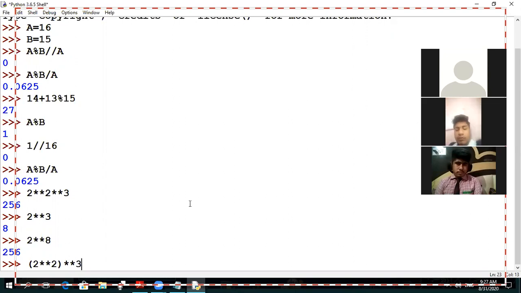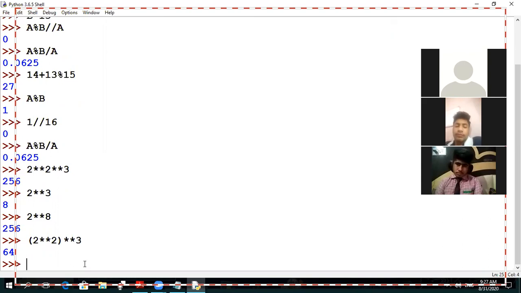So this means 2 to the power 2, that means 4, and then 4 to the power 3, then the final answer is 64. Because most of the students have given answer 64, 64 will come in this manner if we put brackets. The bracket will be solved first, and whatever result we get acts as the base, and then this one is the power, and the final result is 64.